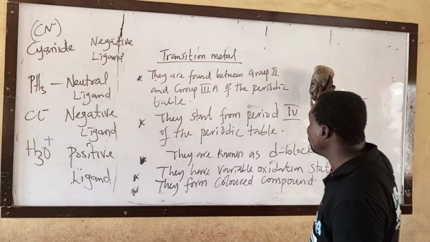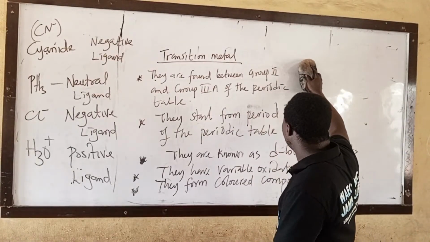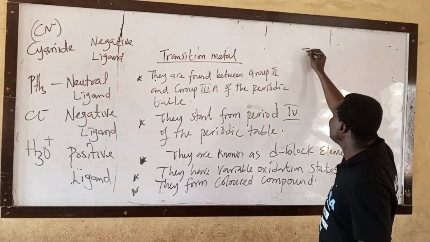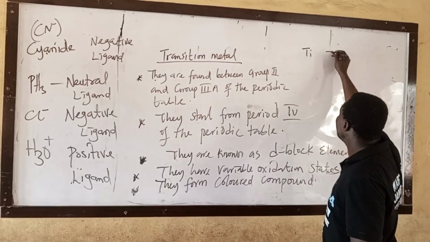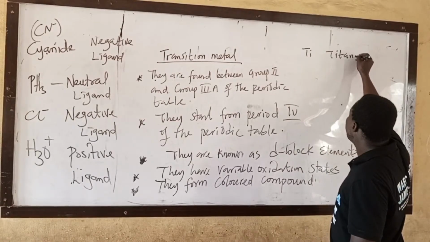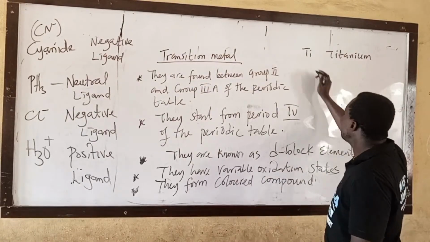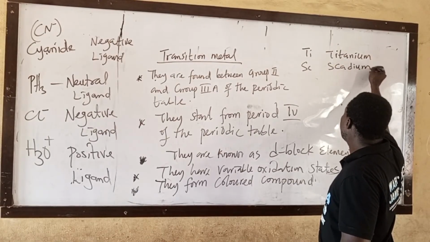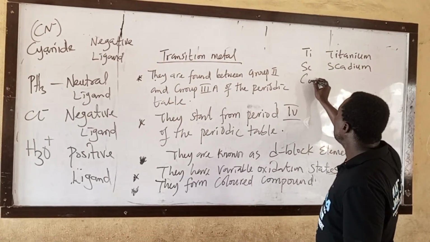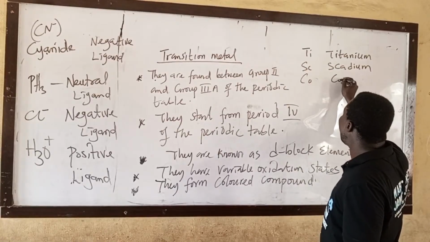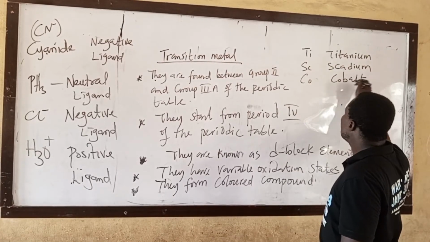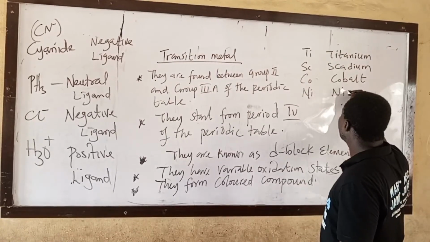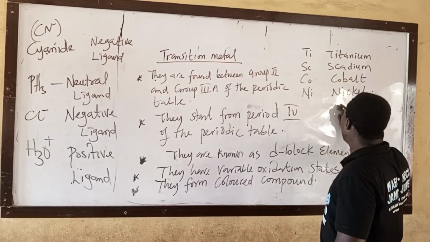Then, what are the examples of transition metals? We have titanium, scandium, Co, cobalt, Ni, nickel.